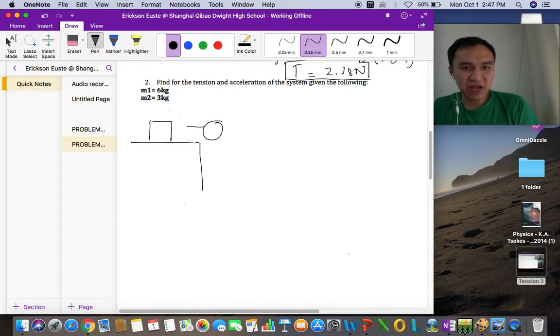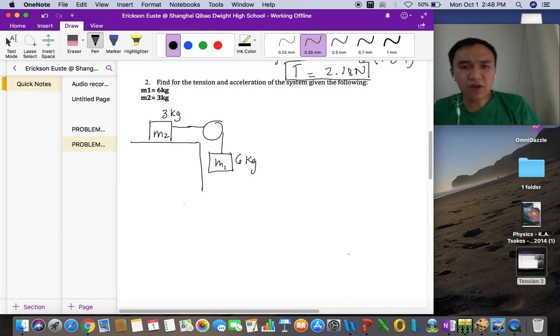Okay, so I have mass 2 here, and this is mass 1. The mass 2 is 3 kilograms and mass 1 is 6 kilograms. You have to understand that there is no given for the coefficient of friction. That means that you can just neglect the friction for the mass 2 here.